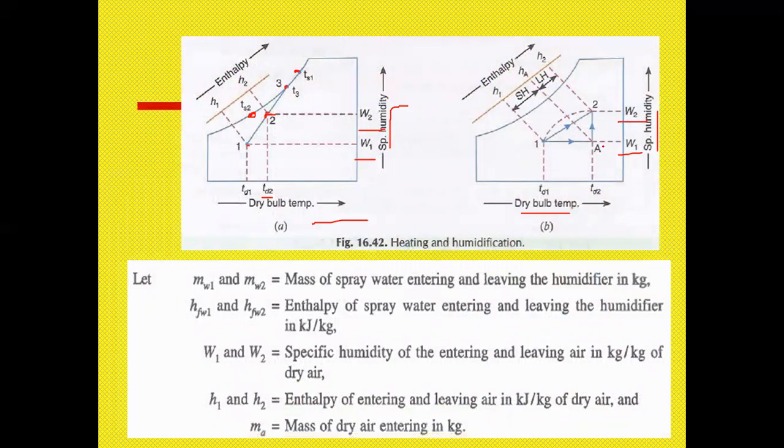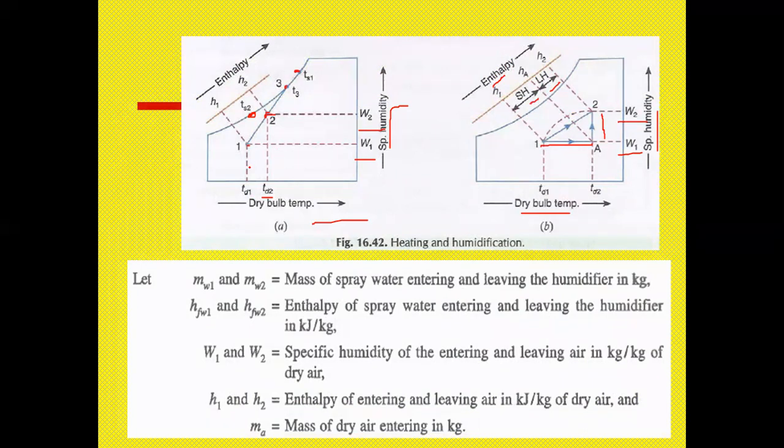Here at the point A, we are considering a triangle with points 1, 2, A, where H1, H2 and HA are the enthalpy values, with sensible heat and latent heat.